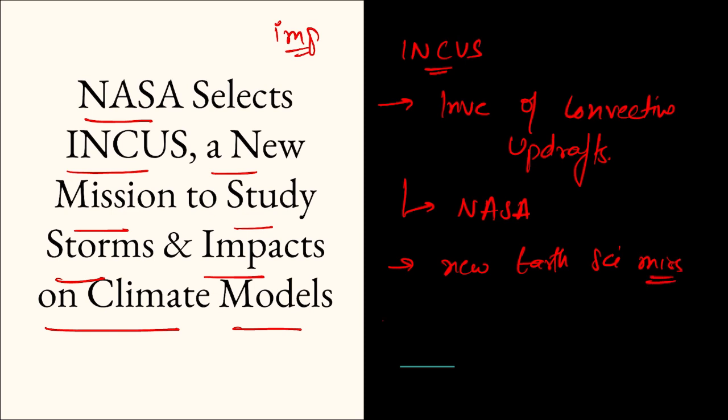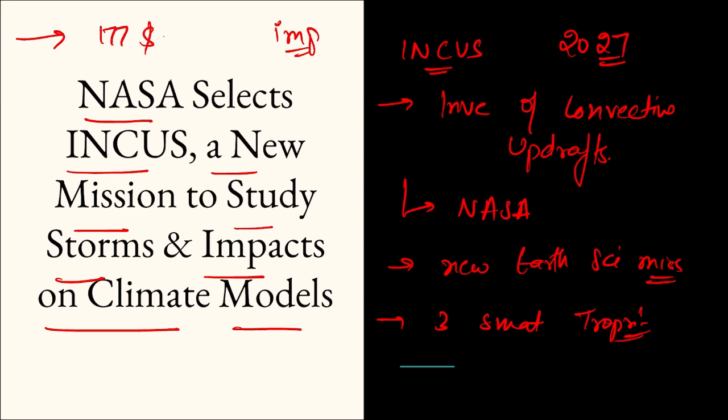It is a collection of 3 small satellites in tight coordination, which will study the behavior of various tropical storms and thunderstorms, including their impacts on the weather and climate models. It is expected to be launched by the year 2027 with an estimated outlay, that means the amount of money that will be spent on this particular project, of roughly $177 million.